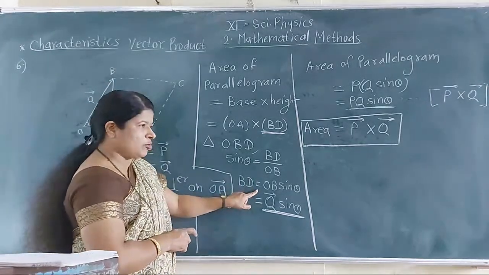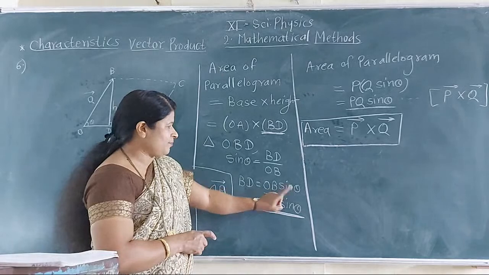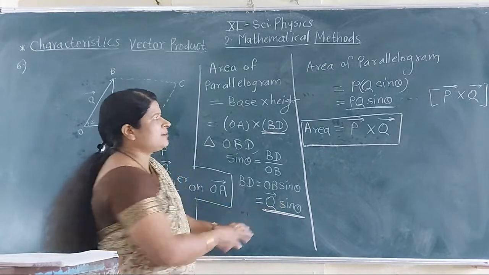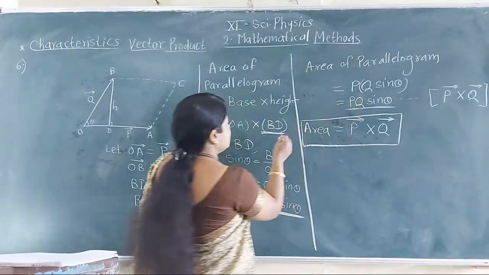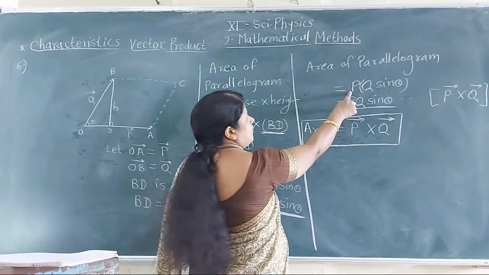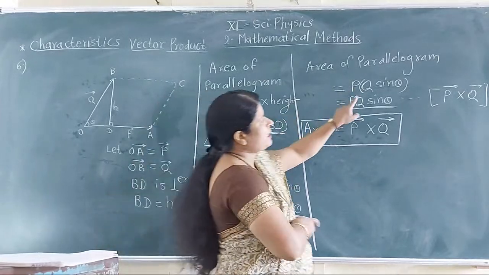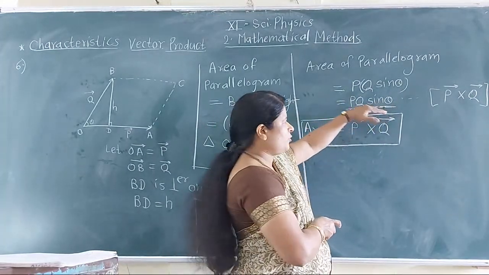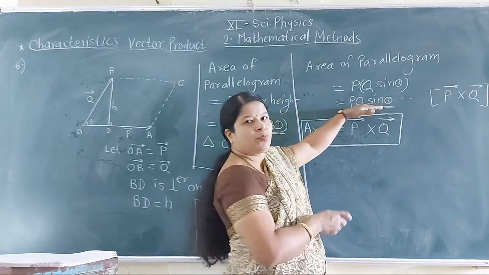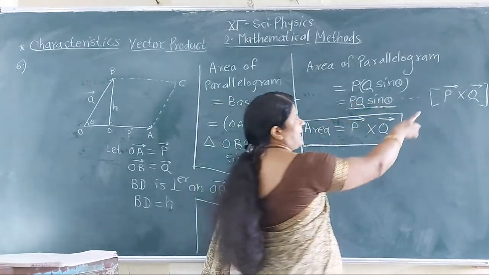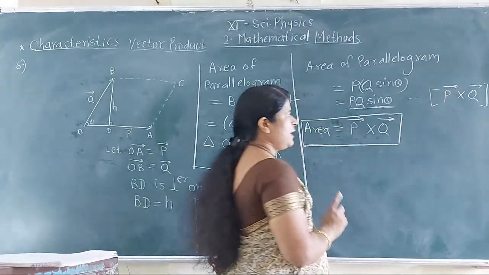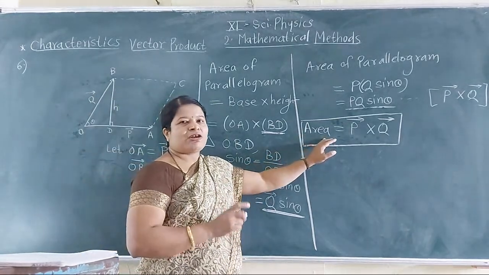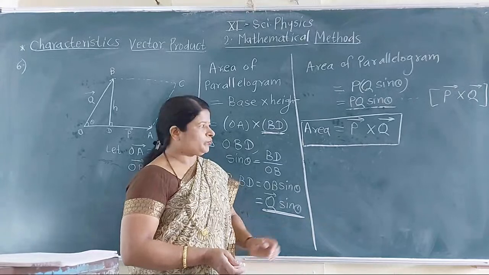Therefore, we get BD is equal to OB sin theta, which is equal to vector Q sin theta. Substitute this value in this equation. OA is P and BD is Q sin theta. So PQ sin theta, and we know that this is the magnitude of the product of two vectors, vector P and vector Q. In this way, we get area of parallelogram is equal to the magnitude of the cross product of two vectors.